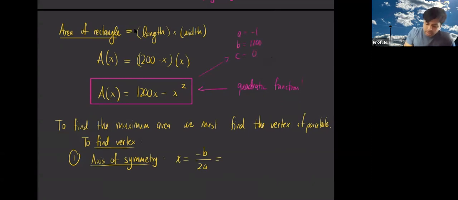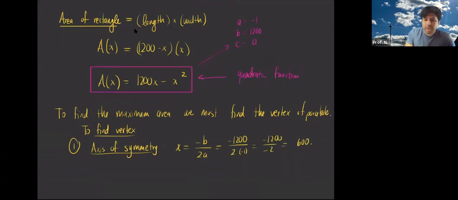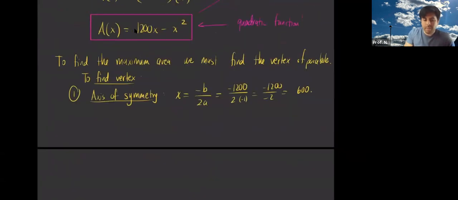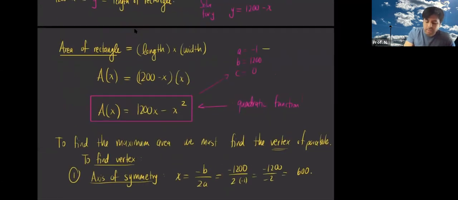Plug in, you get what? -1200 over 2 times -1 is -1200 over -2, which equals 600. So x is 600. That's the x coordinate of my vertex. My vertex will be a maximum because my a value is negative. This means I have a maximum point.